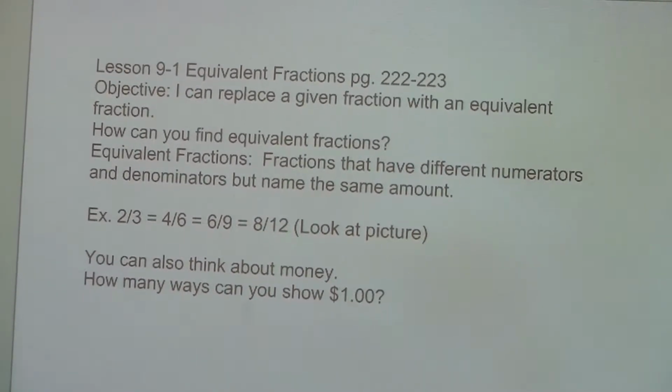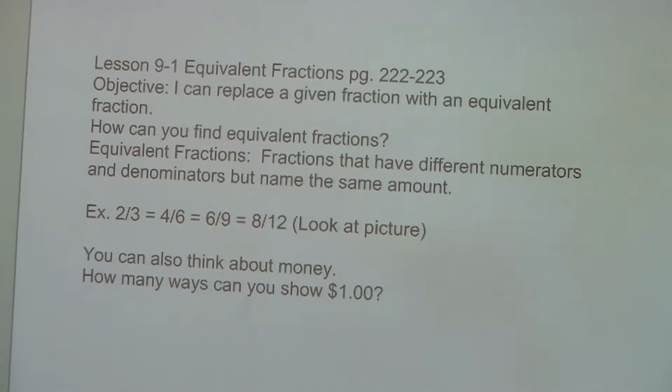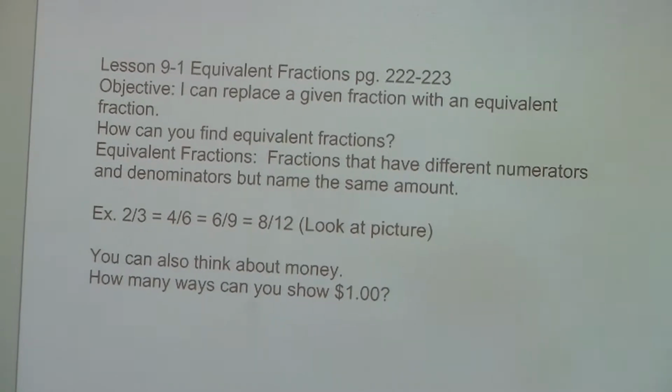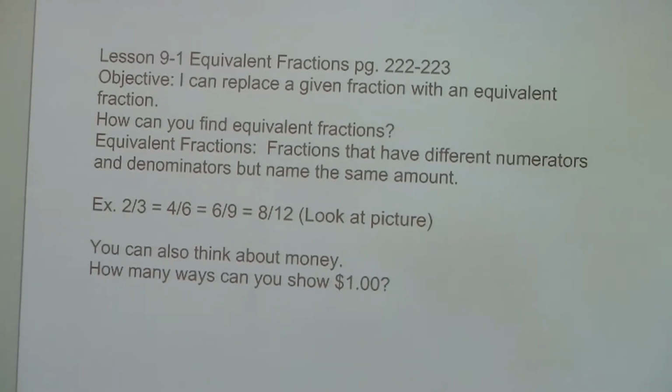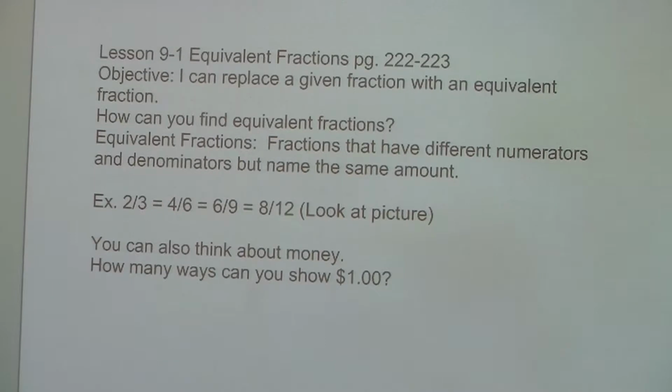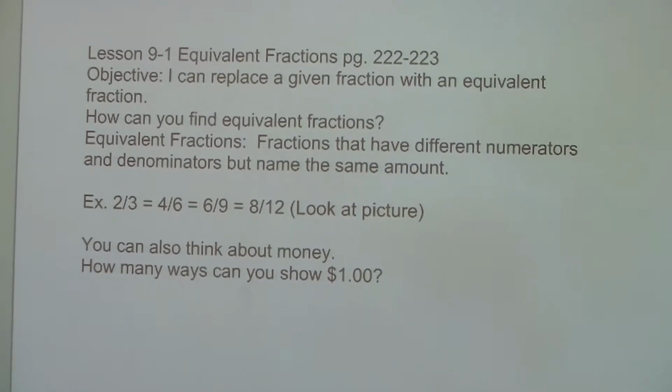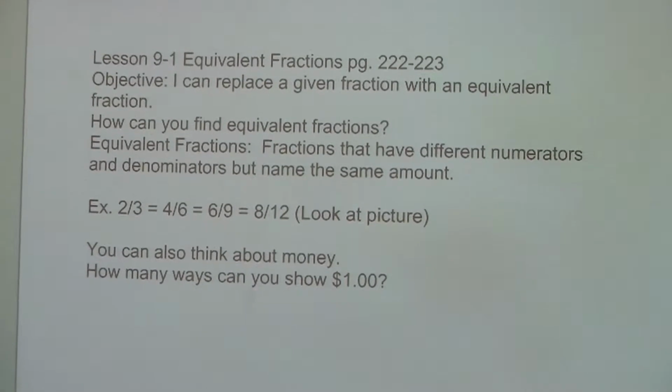At the top of page 222, they rephrase the question, how can you find equivalent fractions? The same thing I have on the board. It gives the definition again, and then there is the picture. You will see there at the top that 2/3 is represented by the orange pieces. You will see that 4/6 is represented by the green pieces.